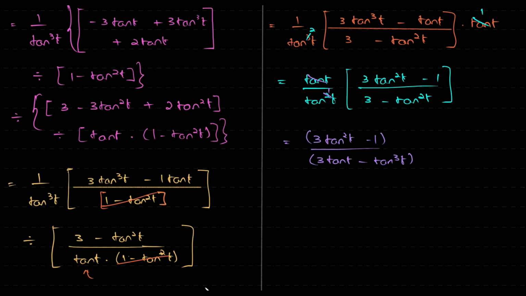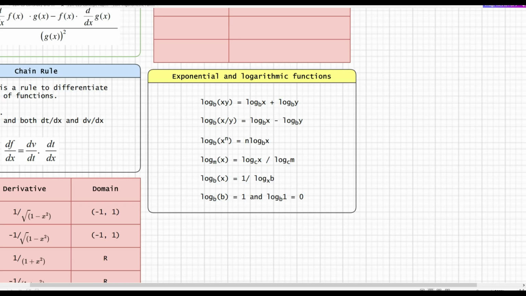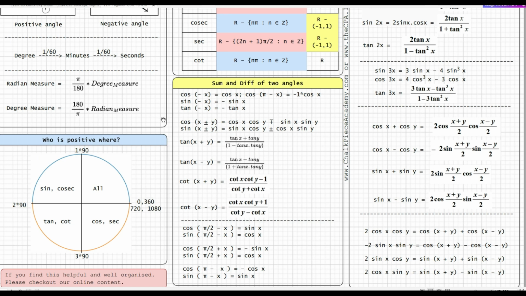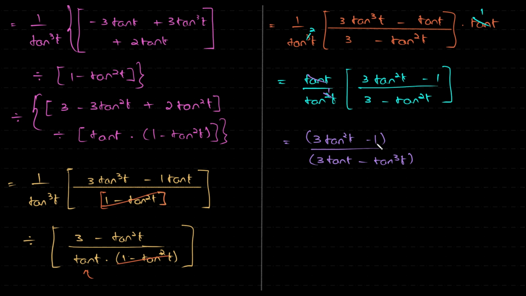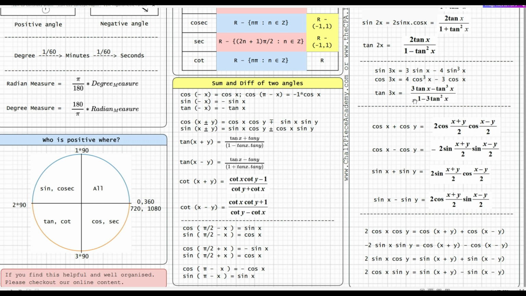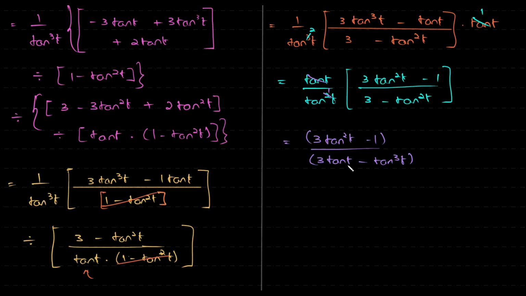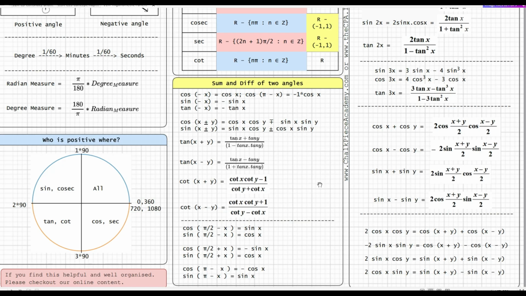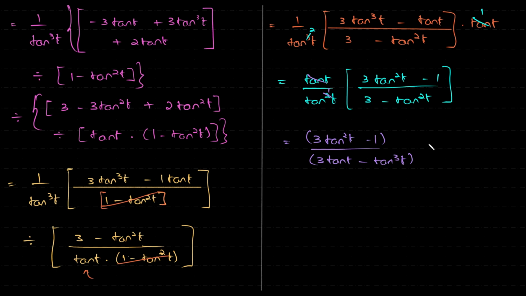Okay, this particular expression, finally you can come back. This particular expression looks familiar. Where have you seen that? Right, we have minus 1 tan square t minus 1, plus 1 minus 3 tan square t, and in the denominator we have 3 tan t minus tan cube t. So this looks familiar.